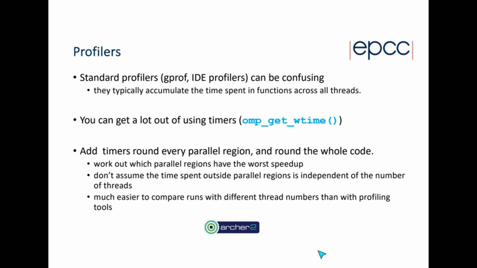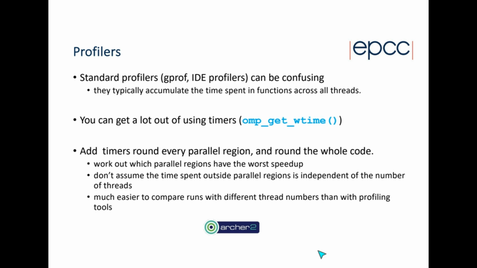I find using timers very beneficial. If you add timers around every parallel region and also around the whole code, or at least the whole part of the code that you're interested in the performance of, then that gives you a really good handle on working out which parallel regions have the worst speed. Where's the time going? Which parallel regions are costing?